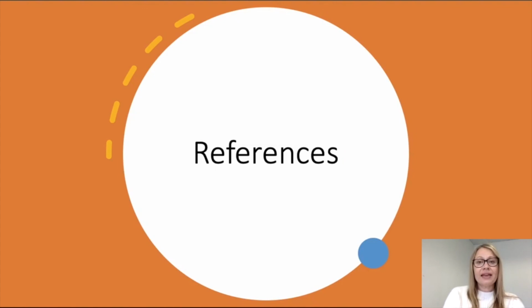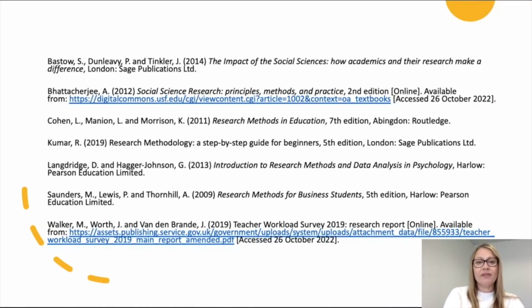So what you'll have on the next page is my references that I've used. That's following the Harvard referencing guidelines, which we use at our institution. However, you'll have your own ways of doing that as well.